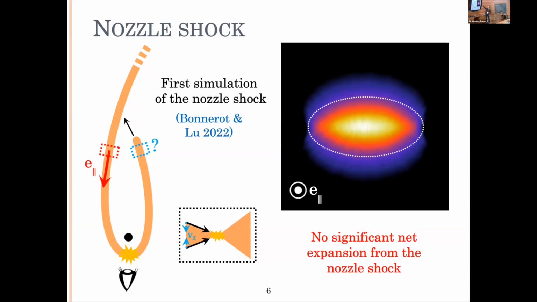And you have to remember that in a Lagrangian method like this one, if you have 10 resolution elements at a given time, you will still have 10 resolution elements when the stream has been confined to a very small width. But with a grid-based code, you may need an extremely large number of cells if you want to resolve both the stream when it's thick and the stream when it has reached its maximal compression. So yes, at least 10 resolution elements, but at every single time.